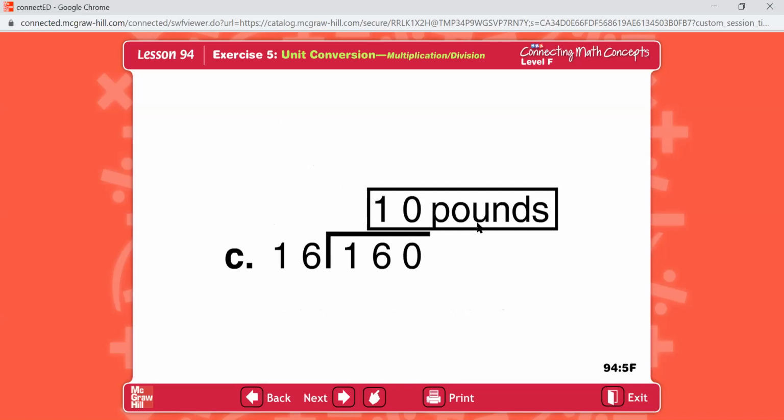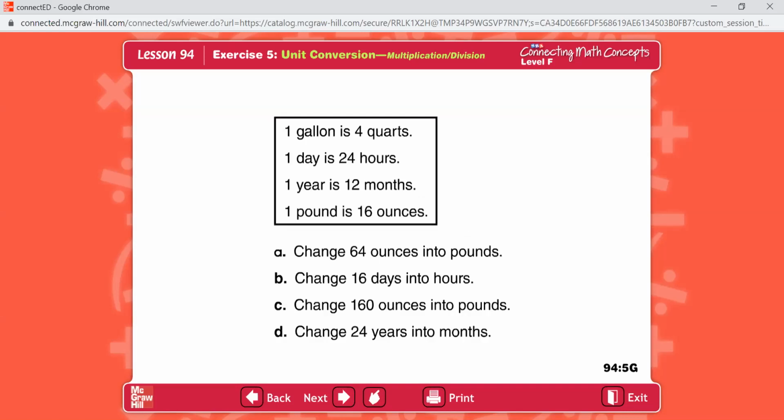Problem D, work the problem. Pause the video now to solve. Change 24 years into months. The fact you should have looked at is 1 year is 12 months. So you're changing 24 years into months.